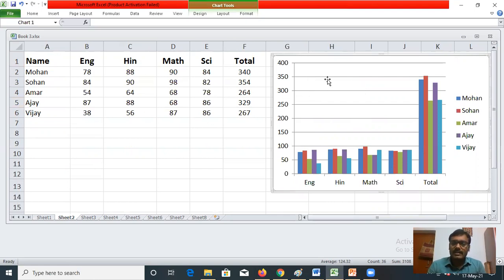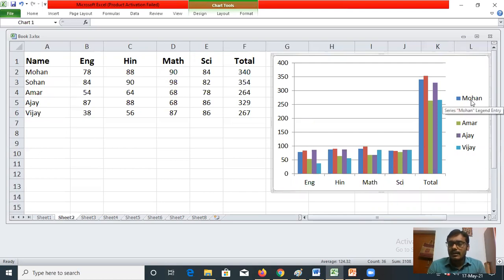I have created the column chart for this data. You can see it is in the form of vertical bars. Values are displayed on the y-axis while different subject marks are displayed on the x-axis. And the color indicates different students.